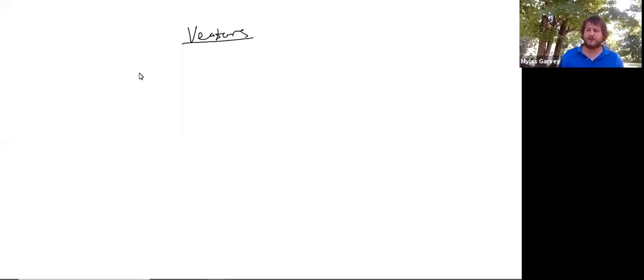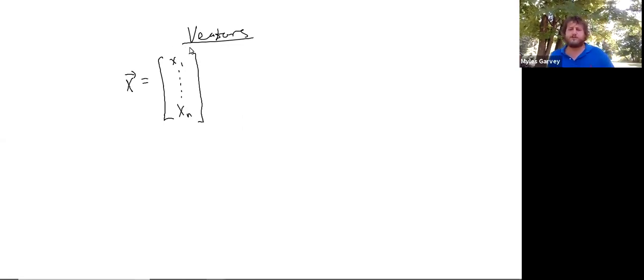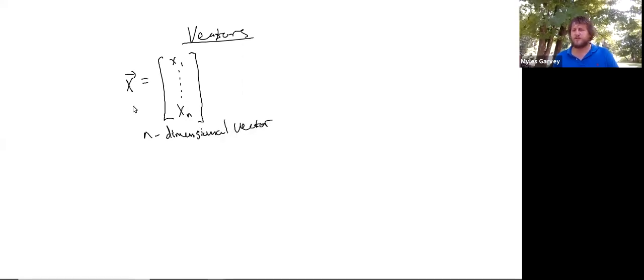Recall that a vector, and we're just going to assume all of them are column vectors, is a collection of numbers where each number is placed in one of n positions here. Now, we actually refer to this as an n-dimensional vector because it has n dimensions.